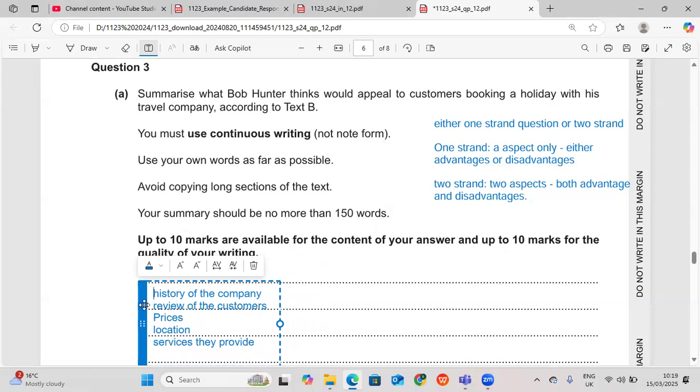So let's read the text and then we are going to look at the sample summary which is written by a student. Fatma is back. So what Bob Hunter thinks would appeal to customers booking a holiday with his company. Now let's look at the text here.